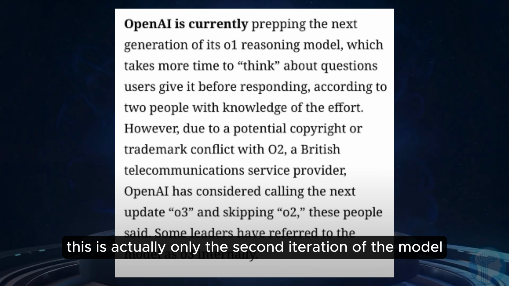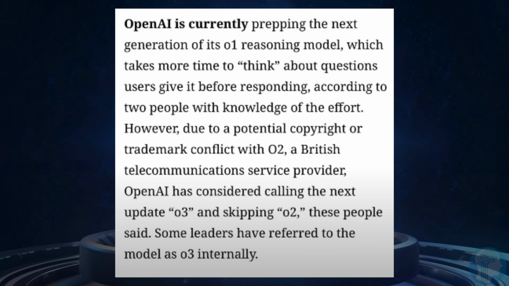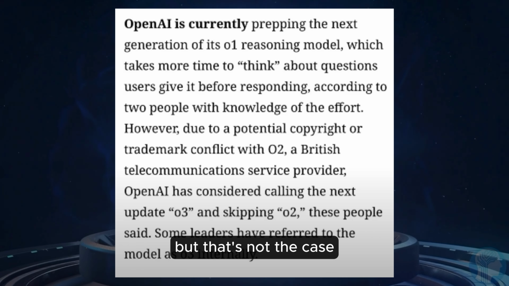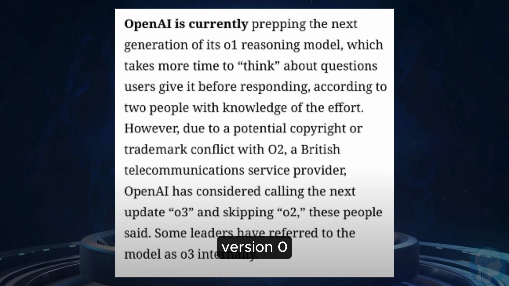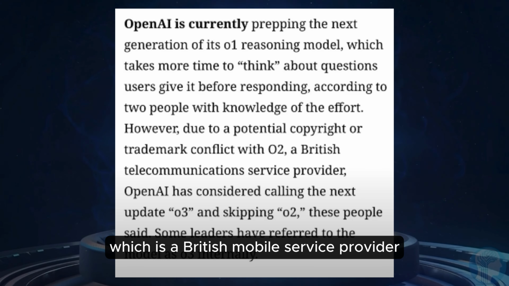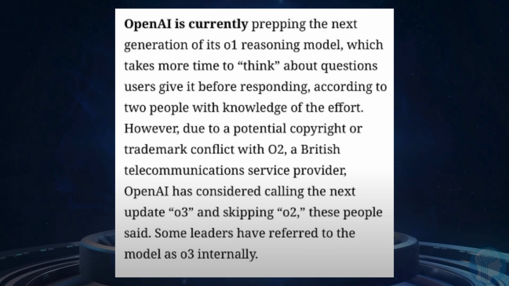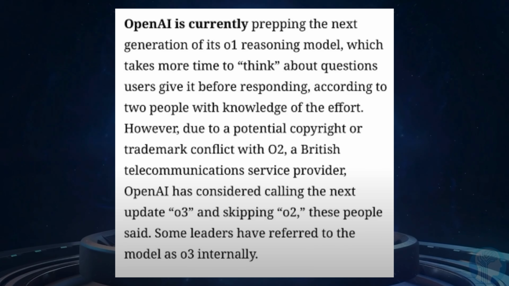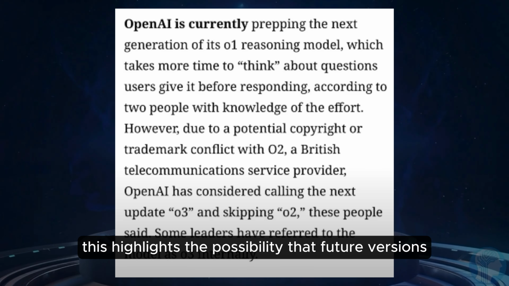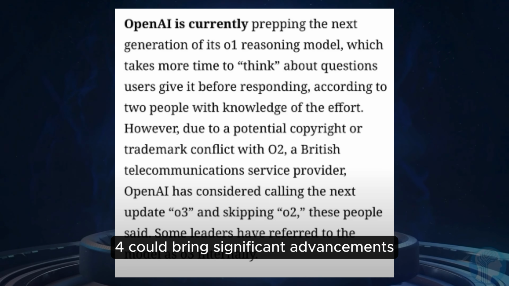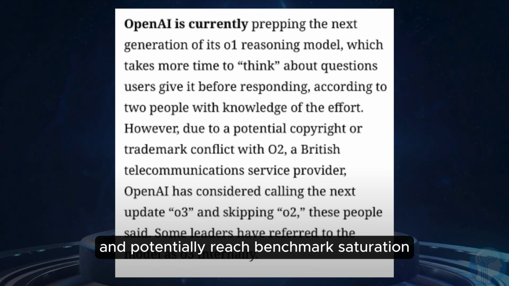This is actually only the second iteration of the model. Some people might assume that O3 means it's the third iteration, but that's not the case. Version O2 was skipped because there's a conflict with O2, which is a British mobile service provider. So what we're seeing with O3 is actually the second iteration. This highlights the possibility that future versions, like O3 or even O4, could bring significant advancements and potentially reach benchmark saturation.